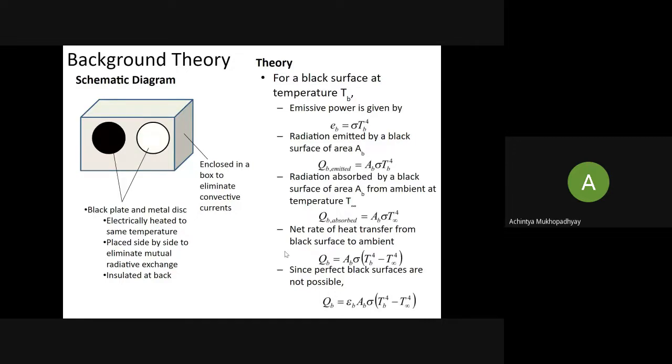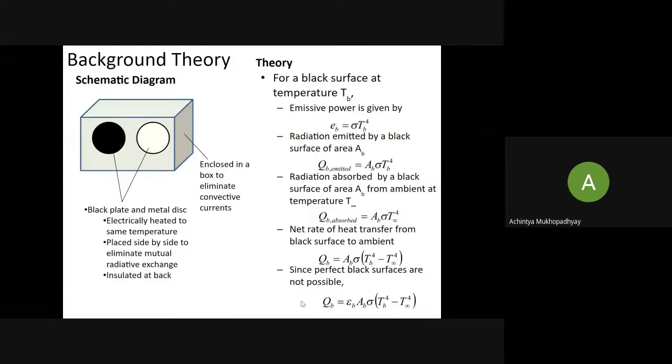You have used this relation from high school itself, and in the heat transfer course you have also learned how this comes about. Now, even for a black surface, perfect black surfaces are not possible. What we consider as a black surface is something whose emissivity is very close to 1.